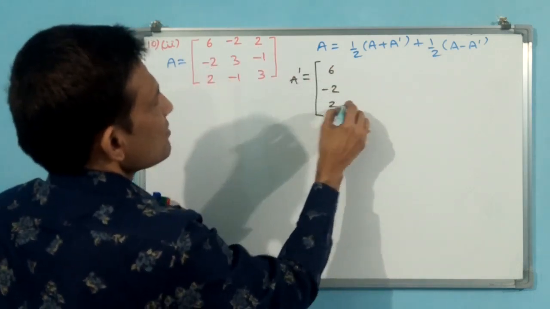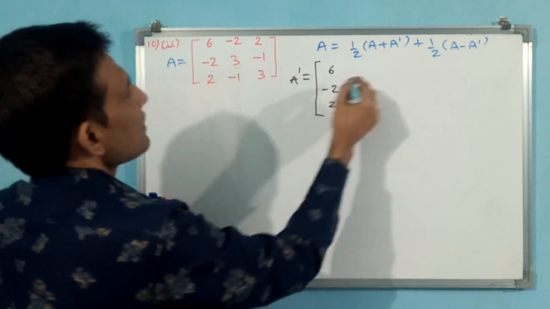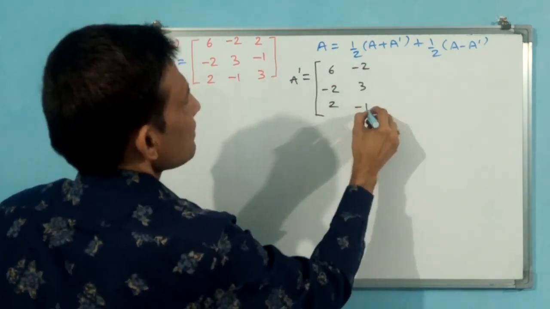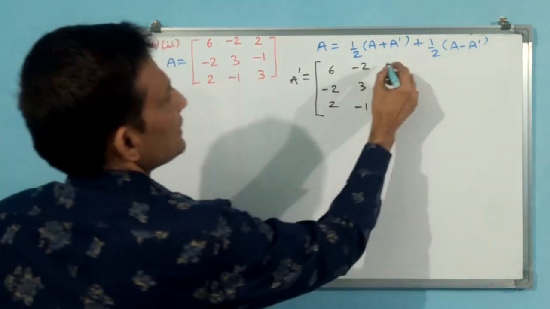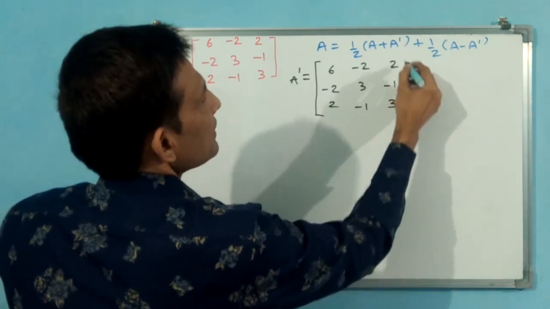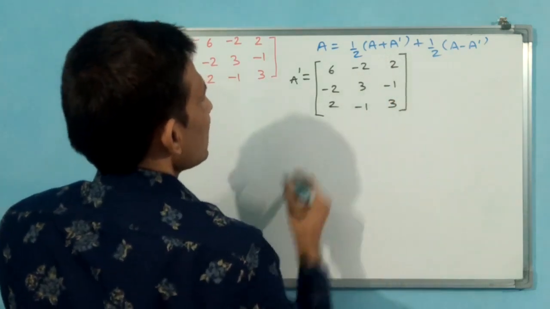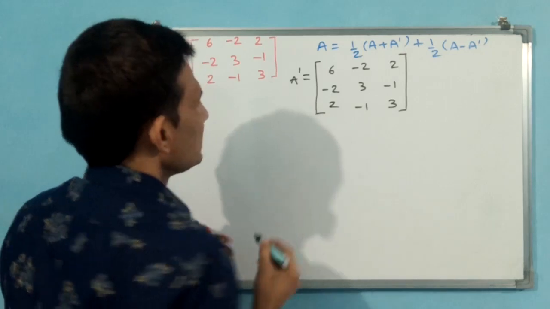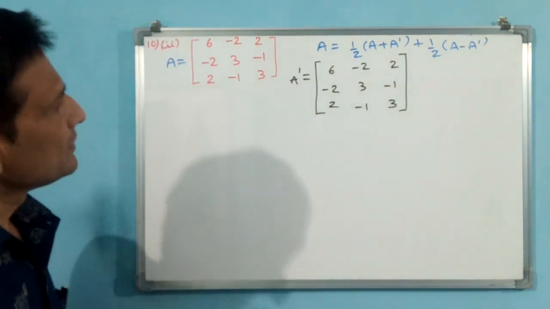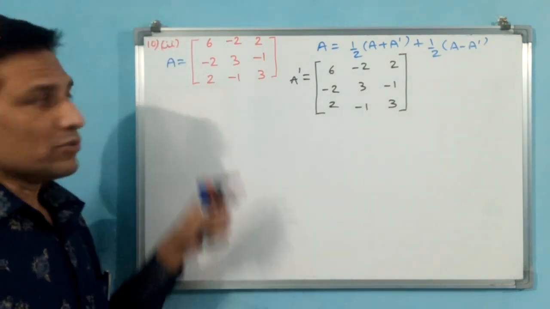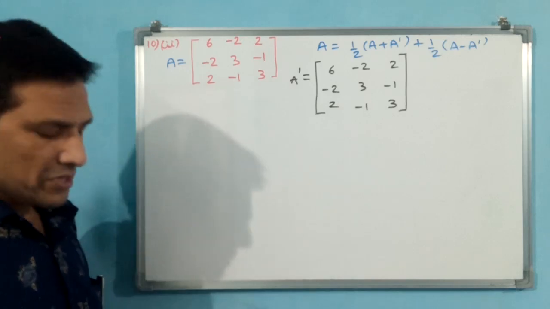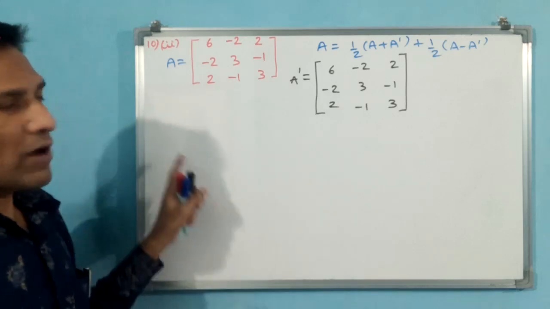Minus 2, 3, minus 1. 2, minus 1, 3. See, this is A transpose.